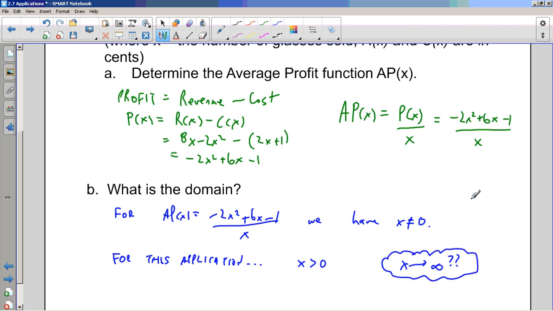That's a business question more than a math question. Also, what about fractions? Does it make sense that Ferd would sell a fraction of a glass of lemonade? Probably not, right? Can x be a fraction? Probably not.